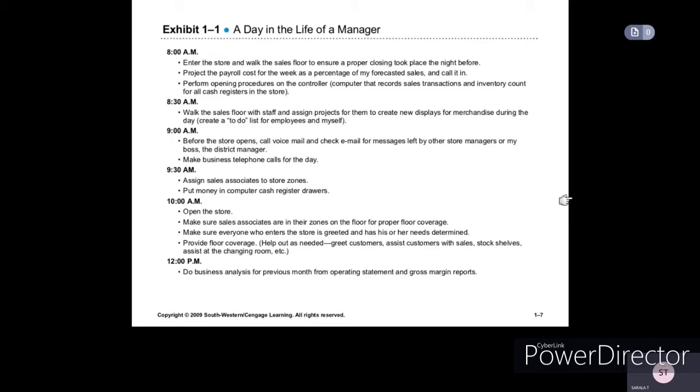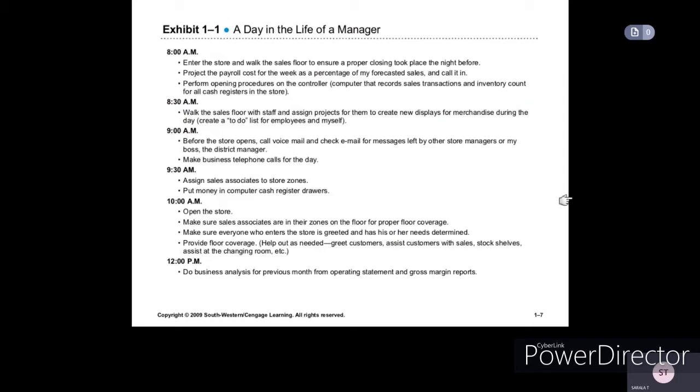A day in the life of a manager, you can take it as an example. At 8 a.m., enter the store and walk the sales floor to ensure a proper closing took place the night before. That means the previous night, at closing time, it was closed properly, and all the stock and material are present in the store and on the sales floor. He will check that.